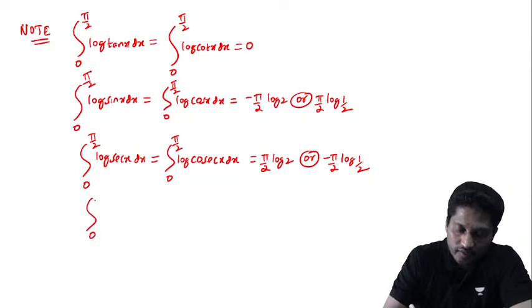Then this is 0 to pi by 4 log of 1 plus tan x dx.